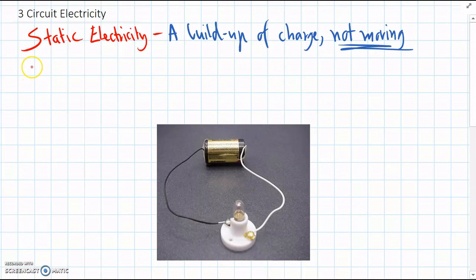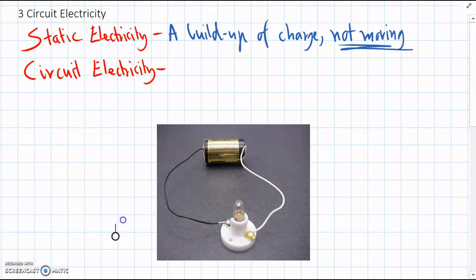But in the other type of electricity that we're going to learn about now, this is called circuit electricity, or current electricity. So circuit electricity is, instead of the charge being held in one place, it's where the charge flows around in a circuit.